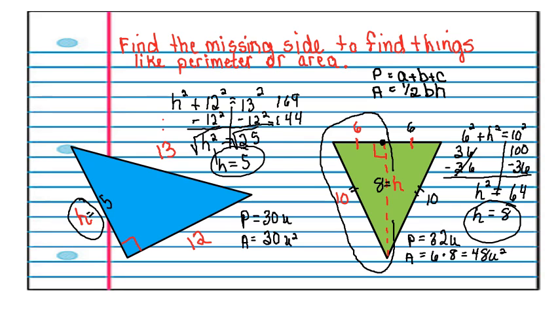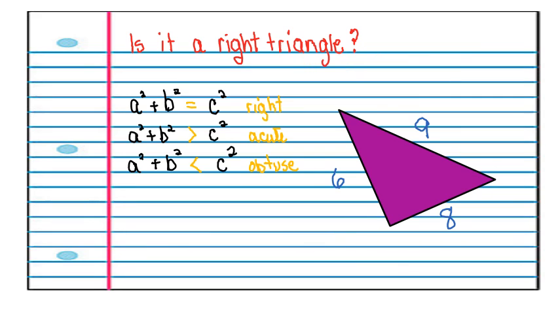We can also use the Pythagorean theorem to see if what we have is a right triangle or a 90-degree angle. This is called the Pythagorean theorem, Converse.